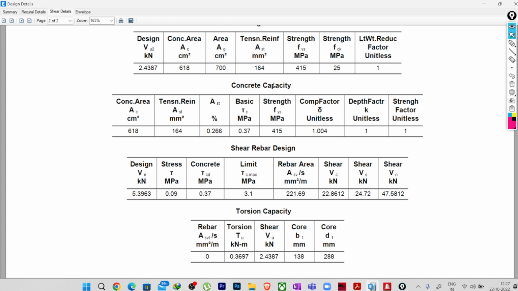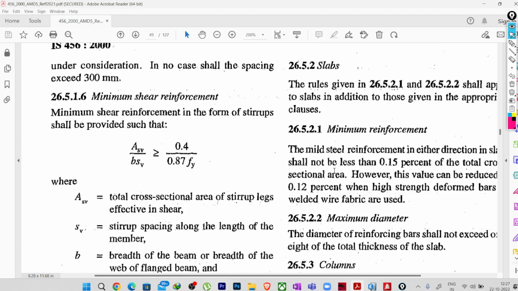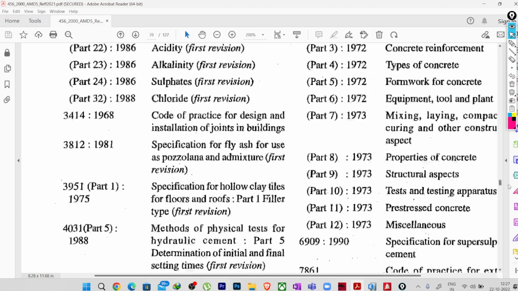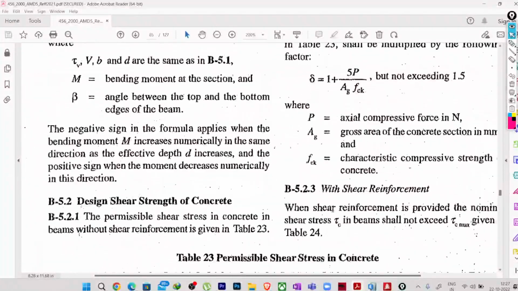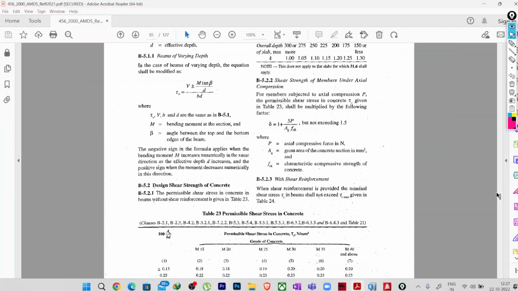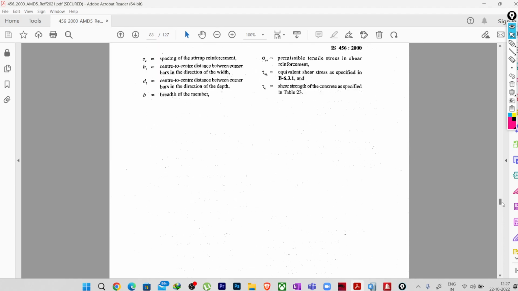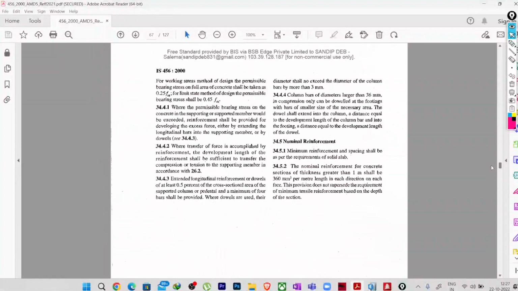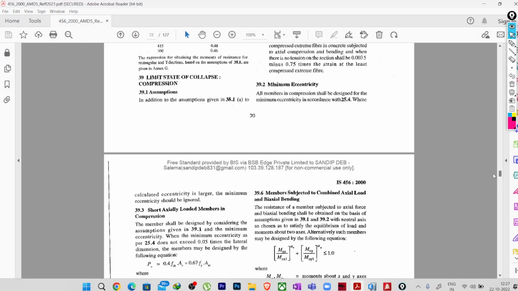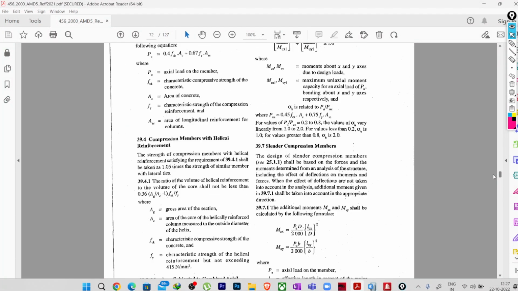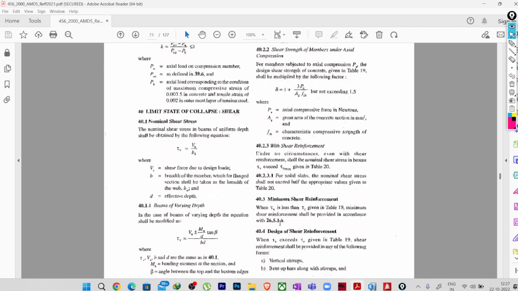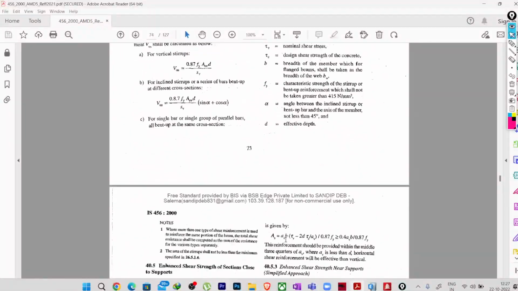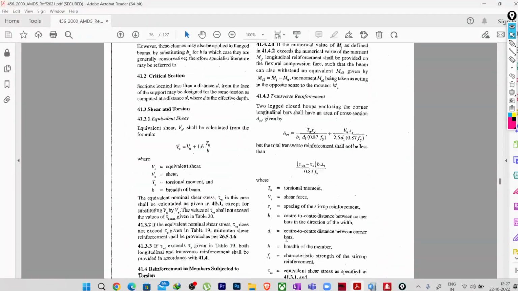So this is nothing but the equivalent shear. If I go again to page number 75, yeah, here.